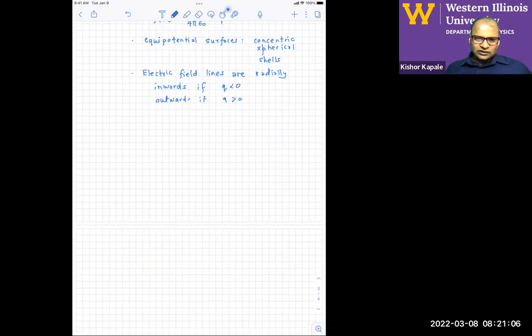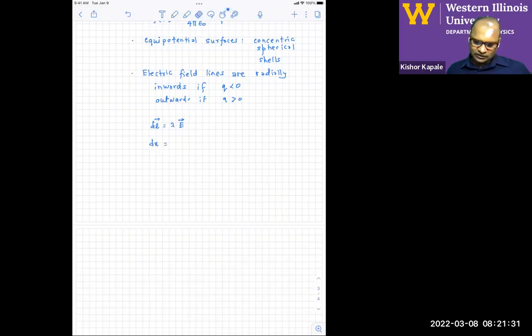But if you want to do some more general calculation, then you can actually write down a differential equation for the electric field lines using this. So dl, remember, is equal to lambda times E. Now you could take a look at the Cartesian components of this.